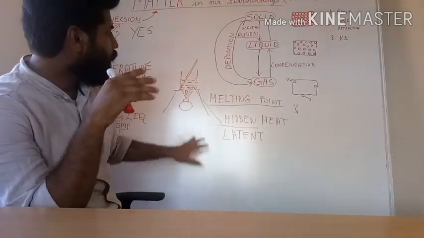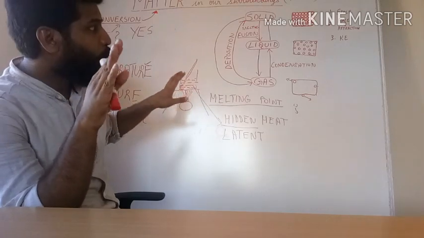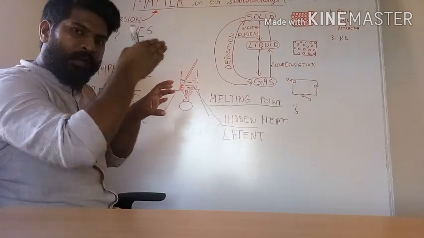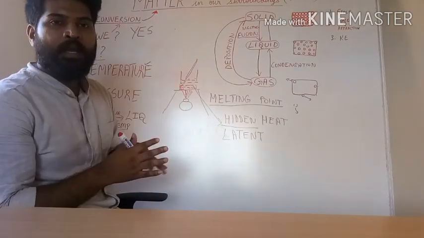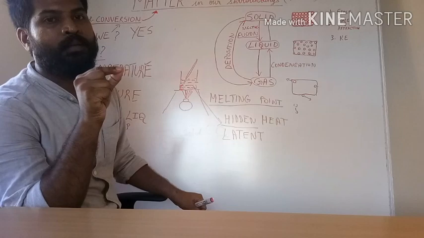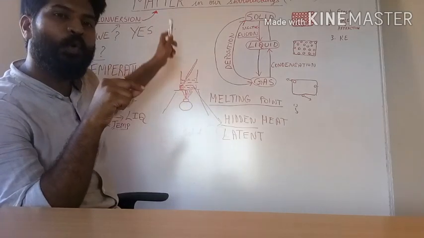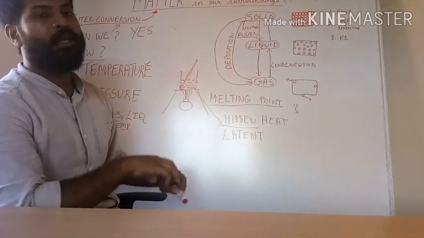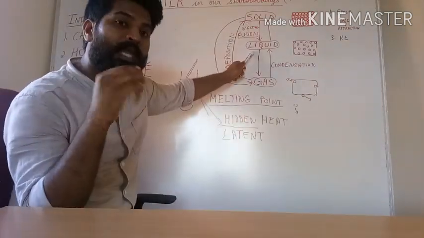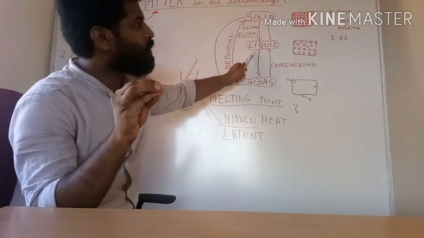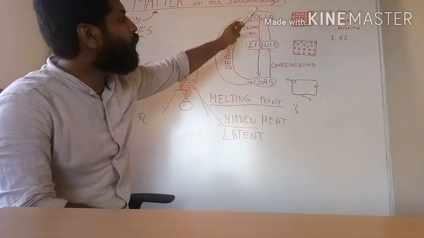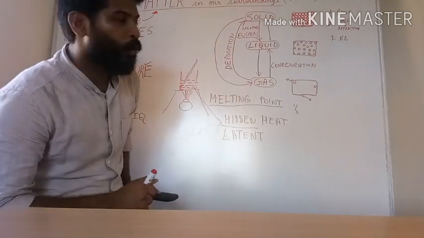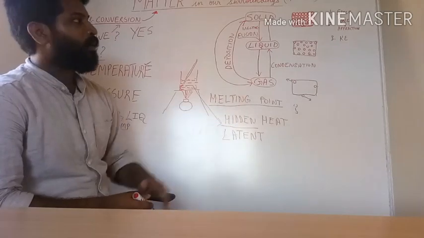So till then it will not completely convert into water. When all the particles are completely separated, their attractive forces are broken down, and at that particular point all solid is converted into liquid. That temperature is called the melting point, or the minimum temperature at which a solid is converted into liquid is called the melting point. Okay, so that is our melting.